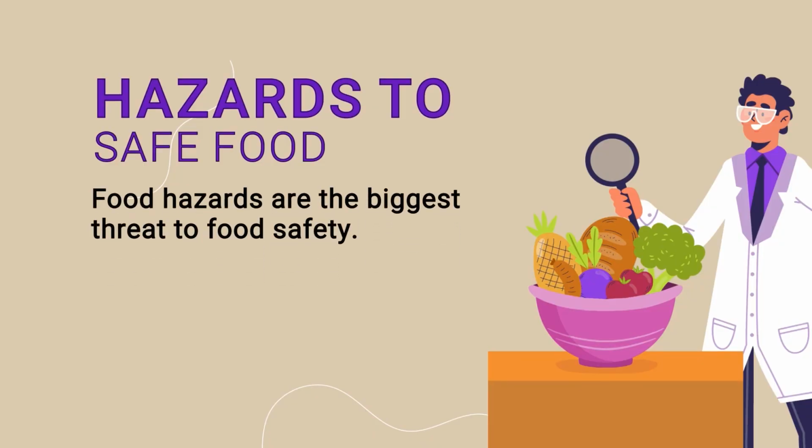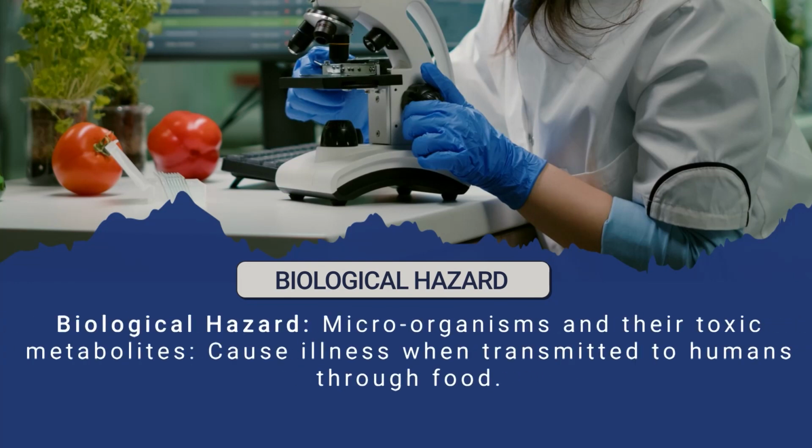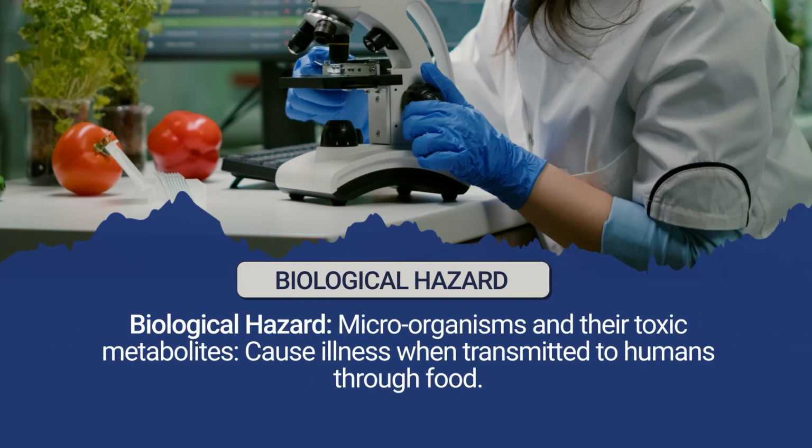So remember, food hazards are the biggest threat to food safety. We'll take them one by one. Biological hazards are mainly microorganisms and their toxic metabolites, and they cause illness when transmitted to humans through foods.